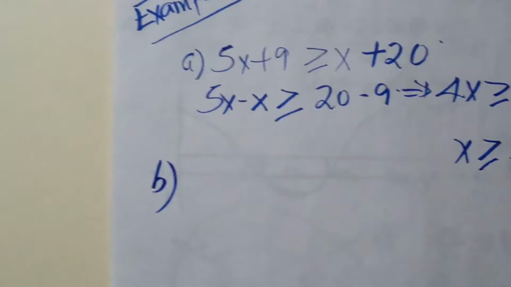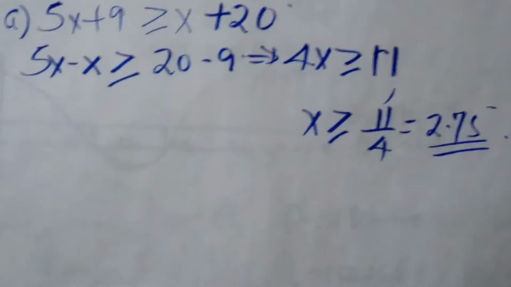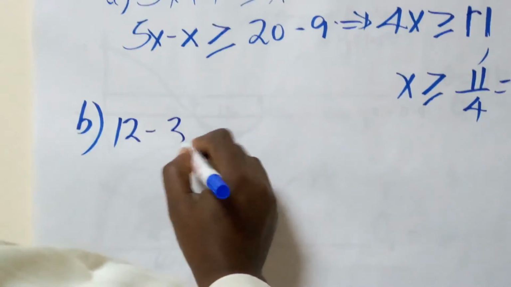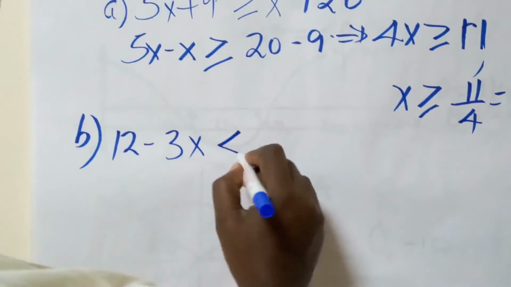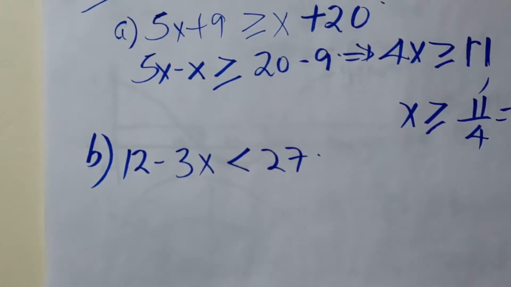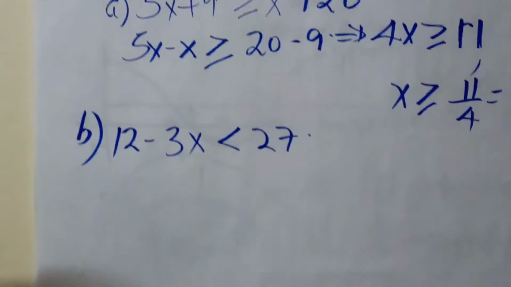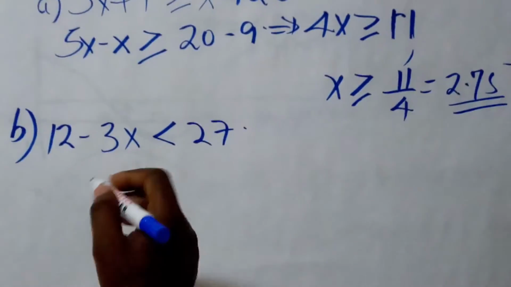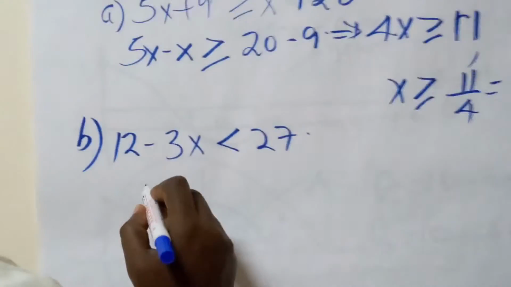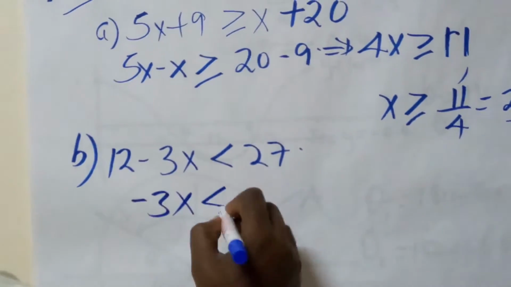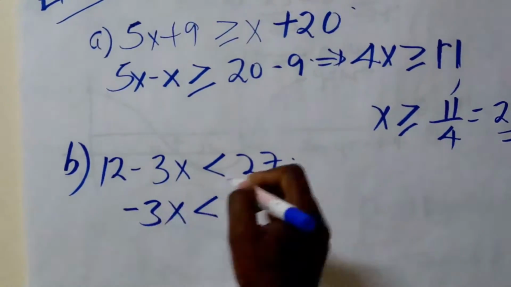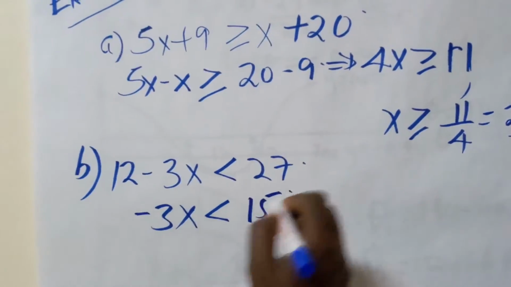Part B. In part B, we're talking about 12 minus 3x is less than 27. There are two approaches in this one, because we may opt to take 12 across and we are left with minus 3x less than 27 minus 12, which is 15.